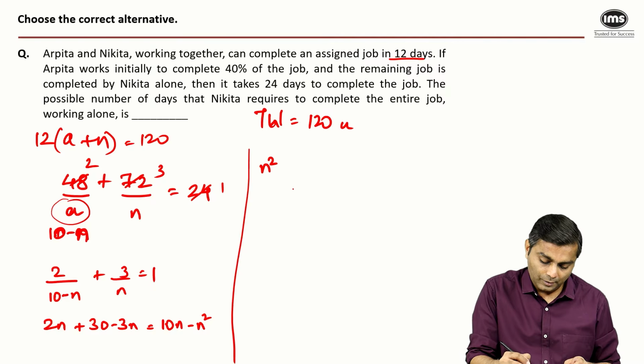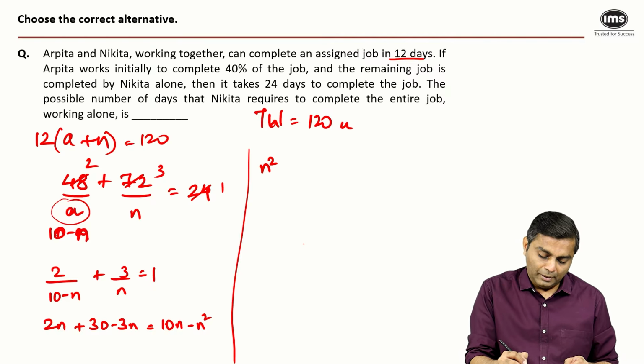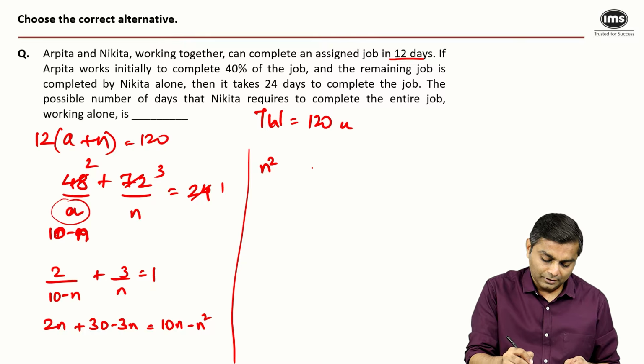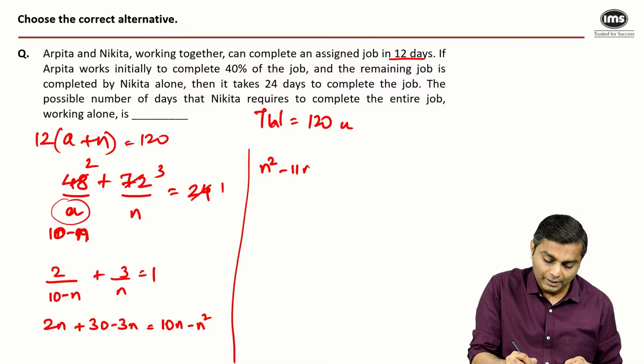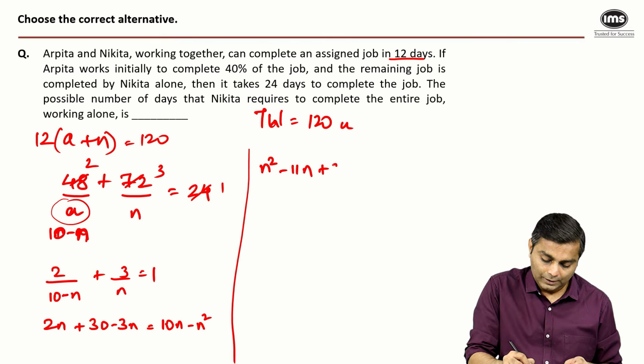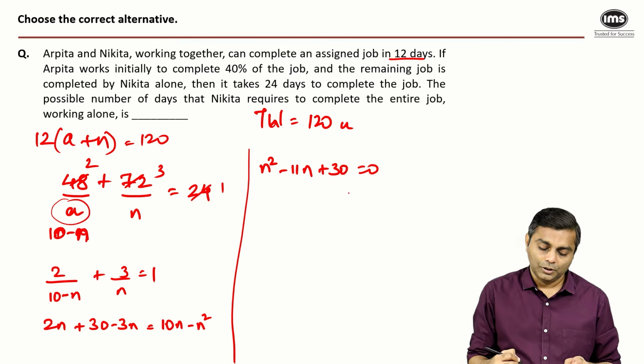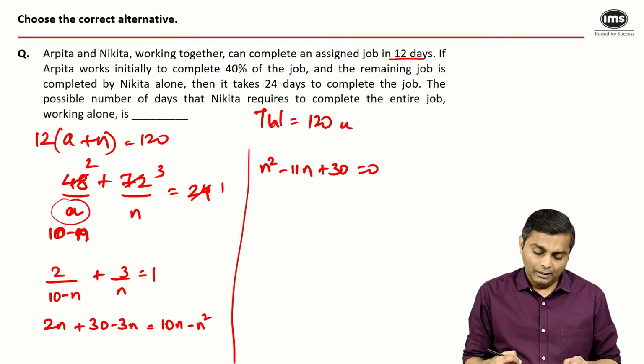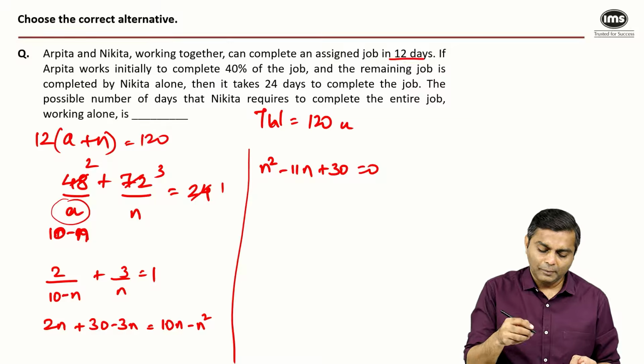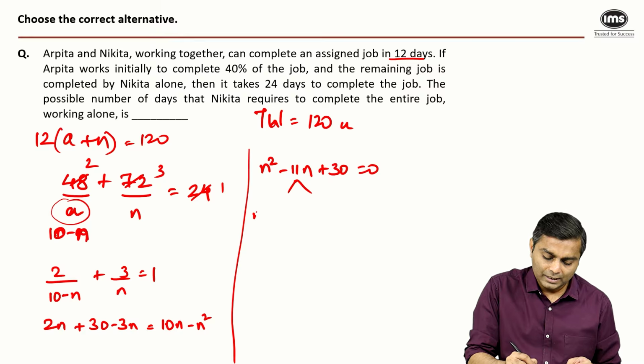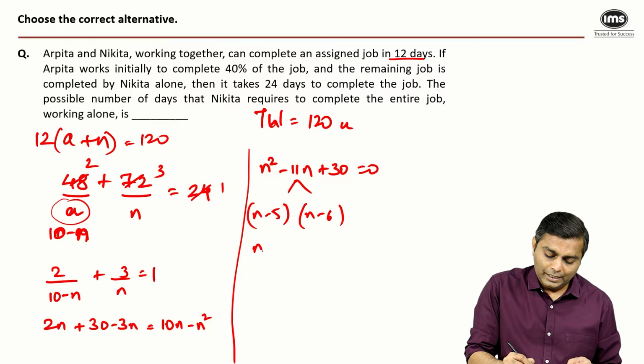So, this is N square minus 10N, plus 2 is minus 8, minus 3 is minus 11N plus 30, which is equal to 0. So, 30, 11, 5 and 6 straightforward, minus 5 minus 6. So, this is basically N minus 5, N minus 6.